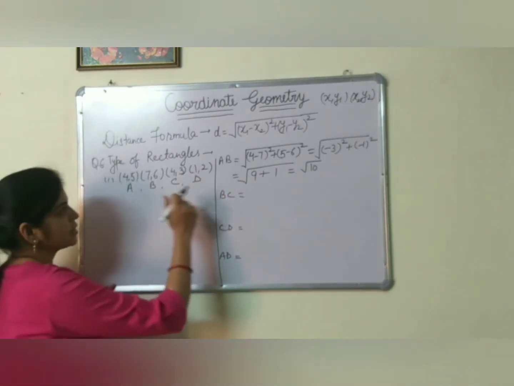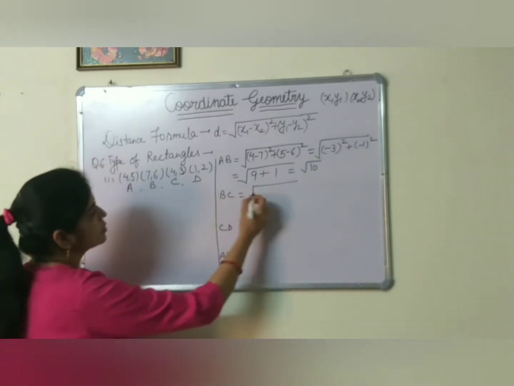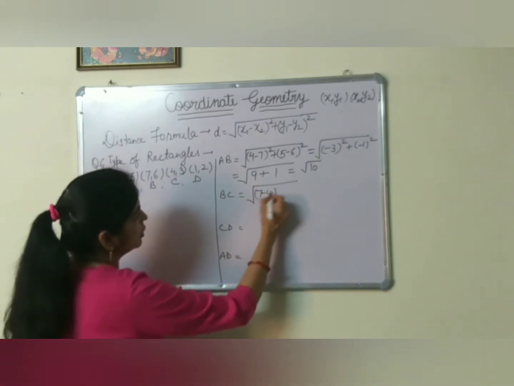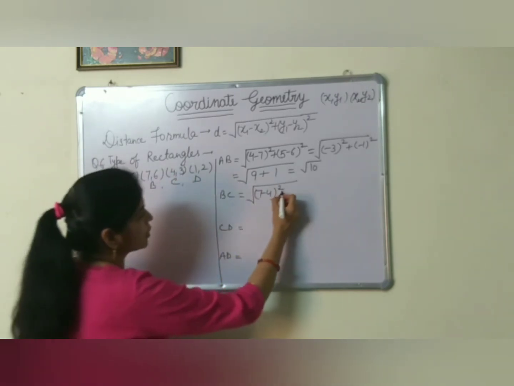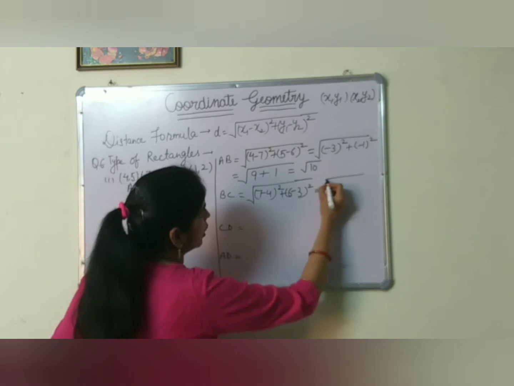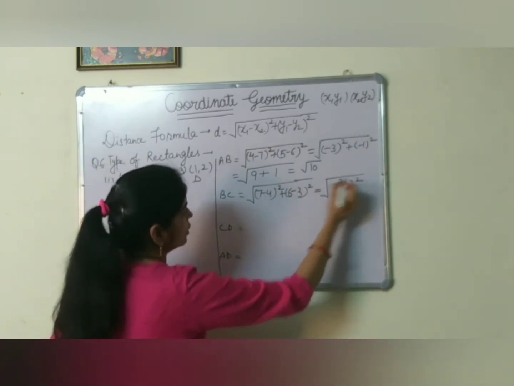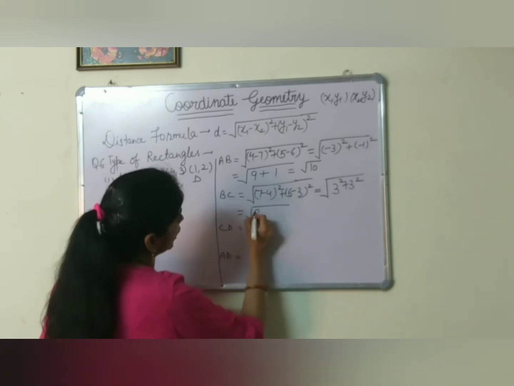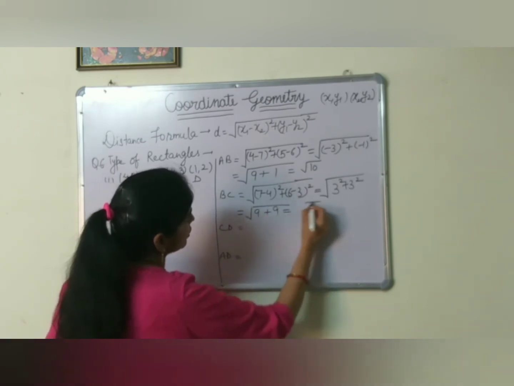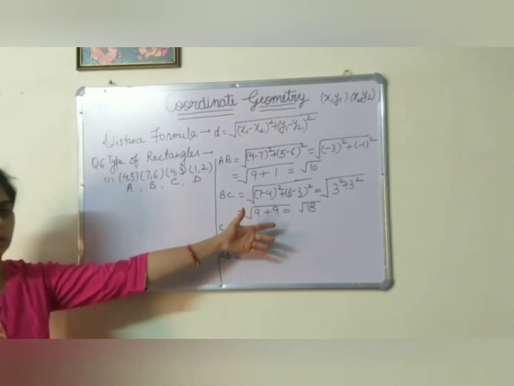The next is BC. BC is equal to under root of 7 minus 4 whole square and 6 minus 3 whole square. It is equal to under root of 3 square plus 3 square, that is 9 plus 9, and it is equal to under root 18. The second side is root 18.